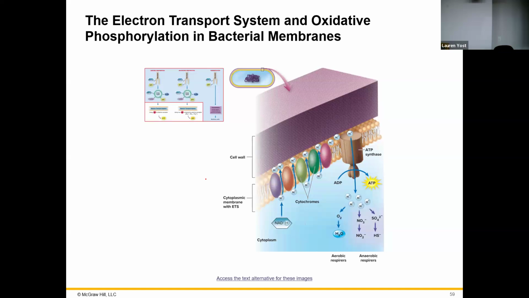So we have H plus. I'm just going to put pluses here so you know what is going on. This is the whole point of moving that electron through. We're creating this positive charge on the outside of the cell here. And what would that make the inside? Respectively, negatively charged, right?